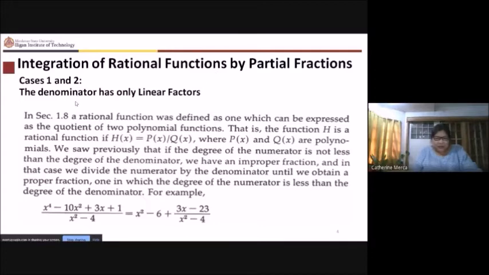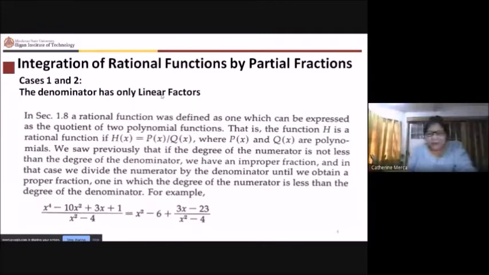Now, the first case, if you notice, it says has only linear factors. If you take a look, this is not linear. But then, you can actually rewrite your x squared minus 4 into linear factors. So if you can do that, then it would belong to this case, has only linear factors.